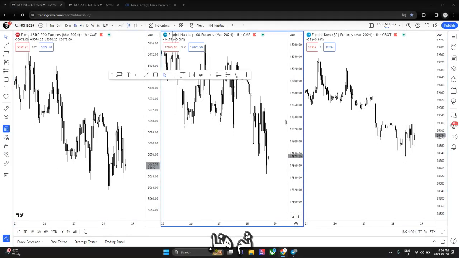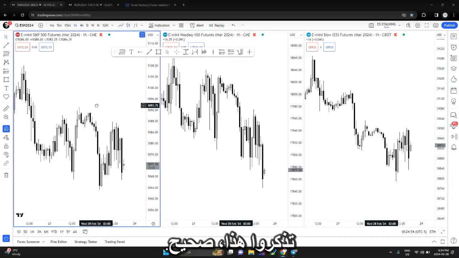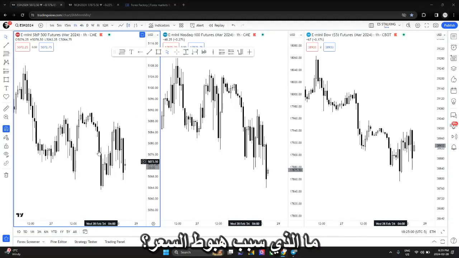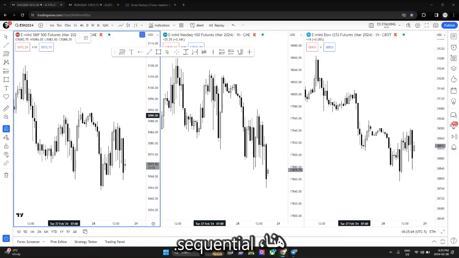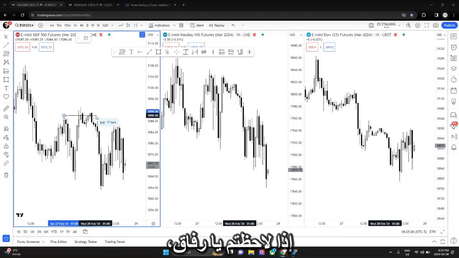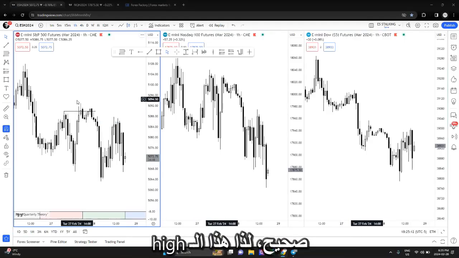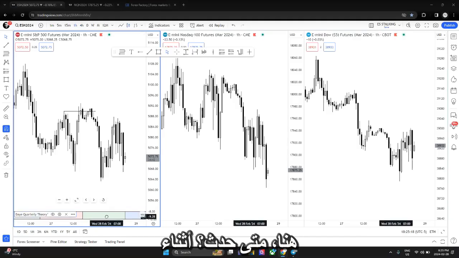Remember this, right? So this right here would cause price to drop. What caused price to drop right here? Sequential SMT. If you guys notice, the only time I really talk about SMT is when it's sequential, right? So this high right here, when did it happen?